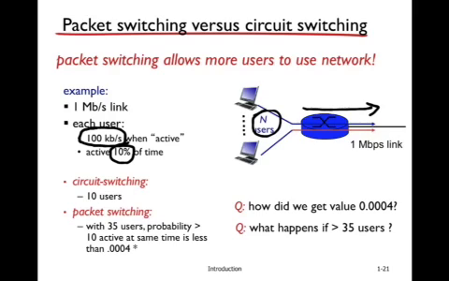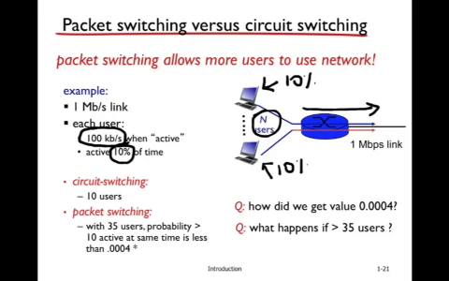So at any given time, there is a 10% chance that this user is actually sending data, and every other user it's the same 10% chance.